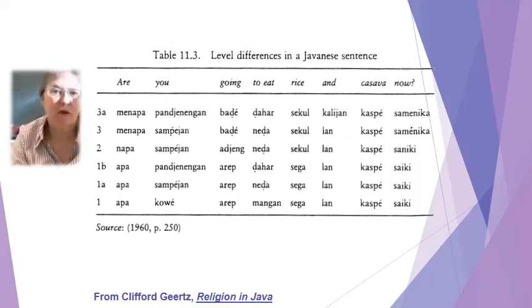So if you're a man speaking to a woman, or a woman speaking to a man, or a man speaking to a man, or a woman speaking to a woman, or someone high ranked versus to someone low ranked, someone who's a freshman in college versus a senior in college, or a student and a teacher, etc., you would have to vary and put in all these extra words in the language and extra endings of verbs and things like this to indexicalize, remember, your social status in relation to the person you're talking to.